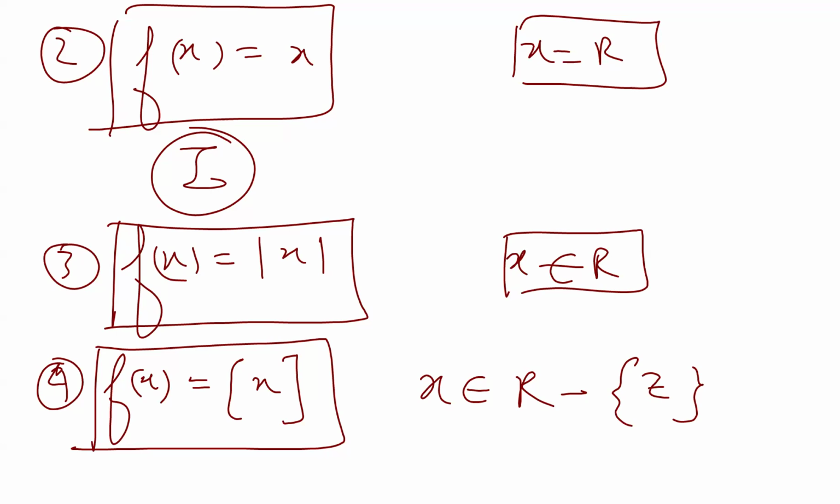So this particular function, the greatest integer function, is continuous at all decimal values, but at integer values it is discontinuous. Just remember this. We'll solve one extra problem based on this later on, why it is discontinuous at all integer values.